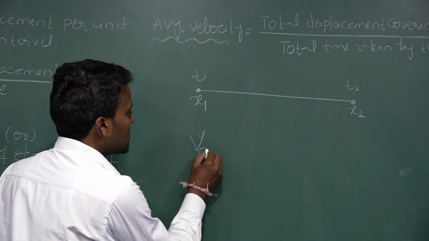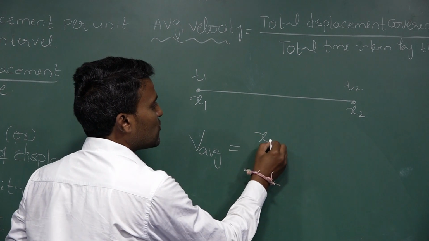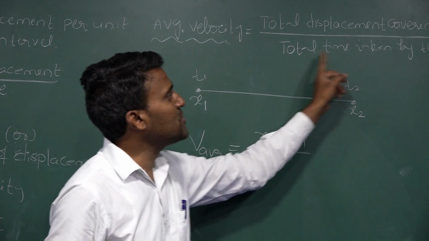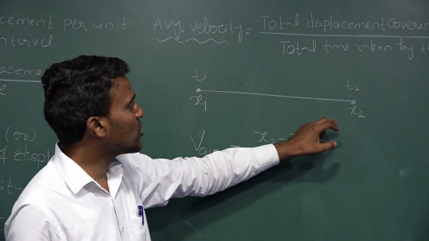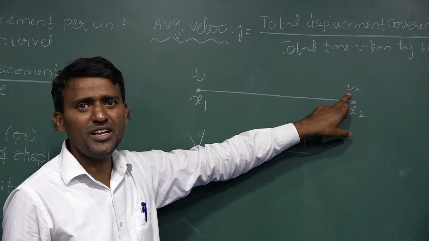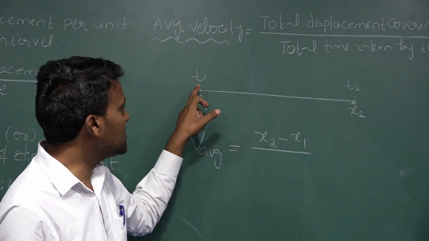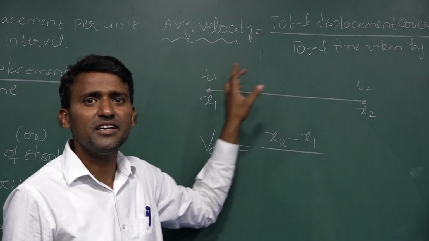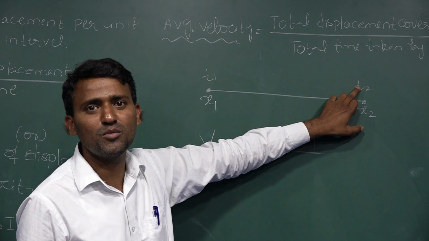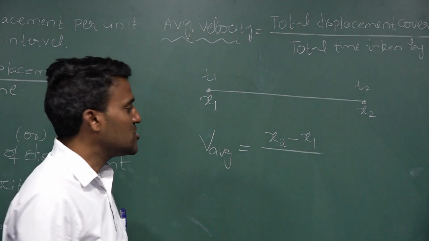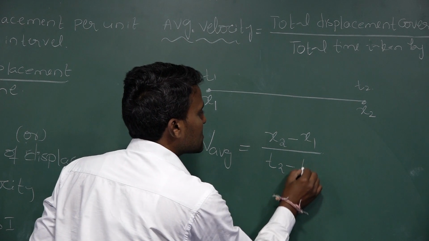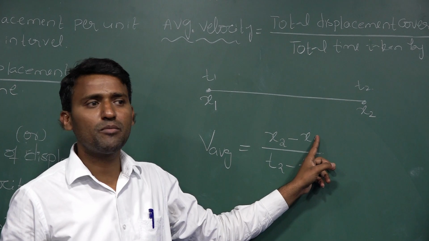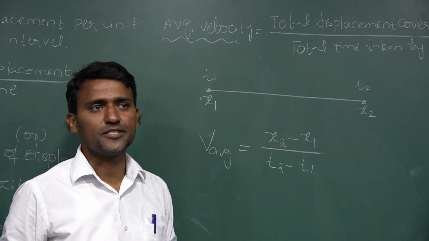So average velocity is equal to x2 minus x1 divided by t2 minus t1, isn't it?